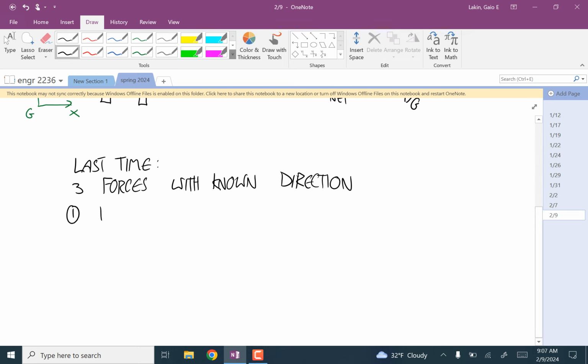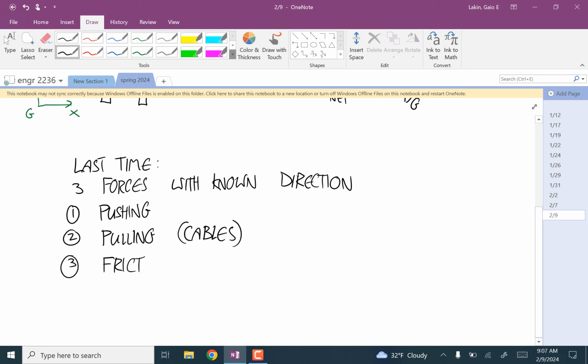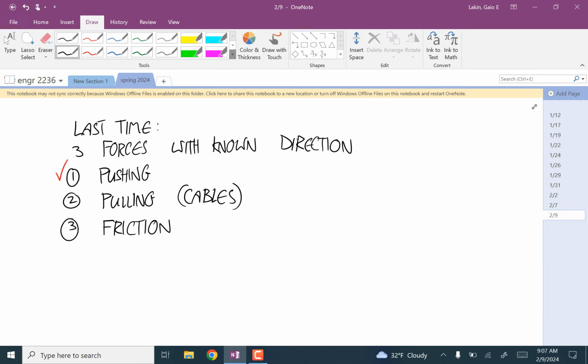So those are pushing contacts, pulling contacts that you can always think of as replacing the contact with a cable, and friction. And we talked about pushing. I'll do an example that has pushing and pulling in it after I finish talking about pulling forces.